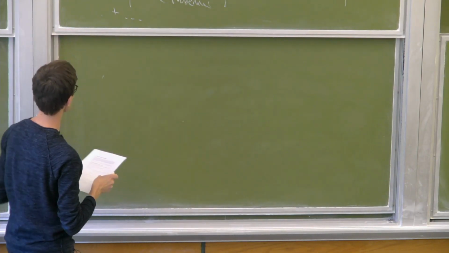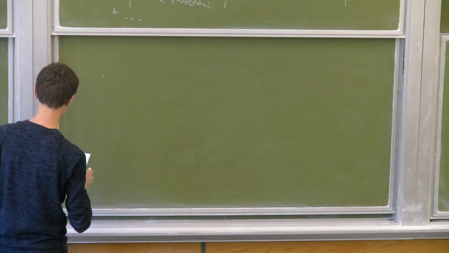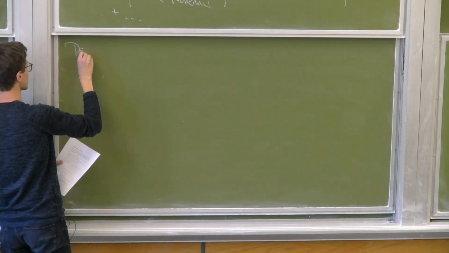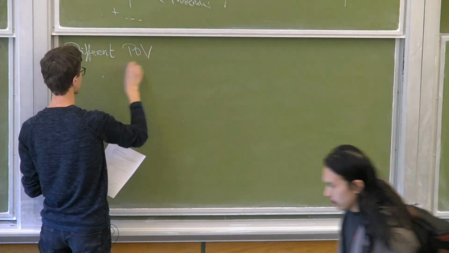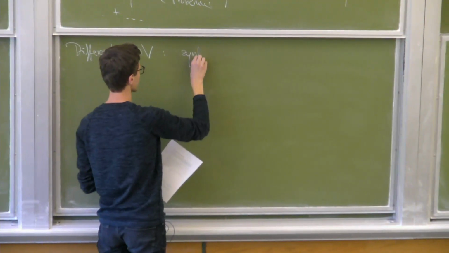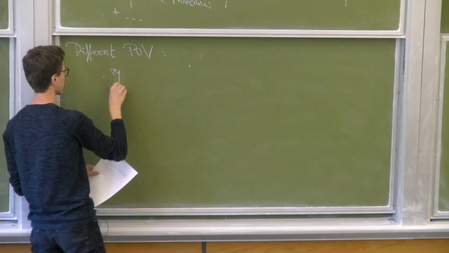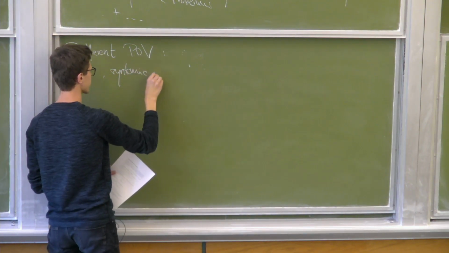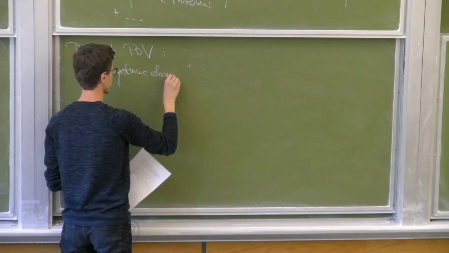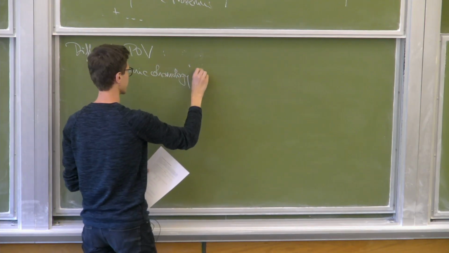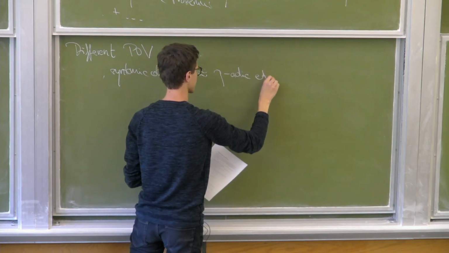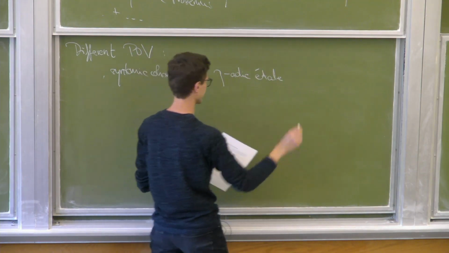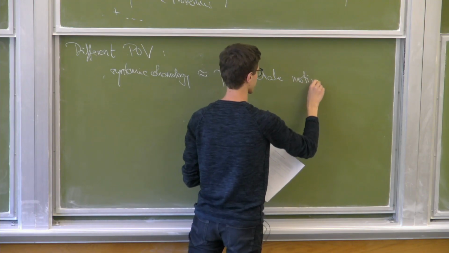Right? So this is one way to look at it. And maybe a different point of view still is that syntomic cohomology is supposed to be at least something like p-adic étale motivic cohomology.